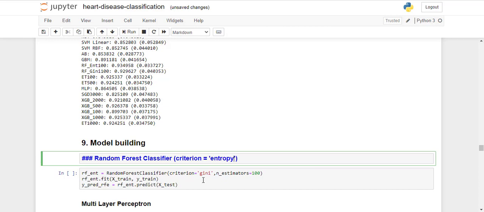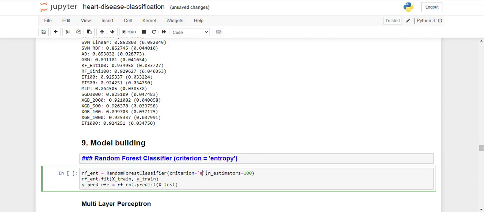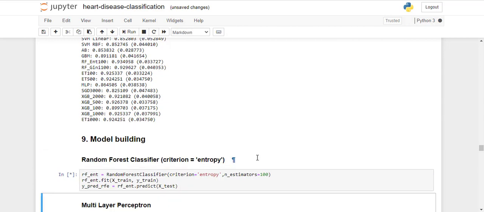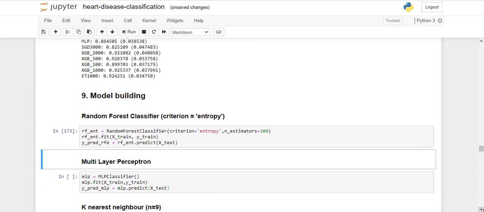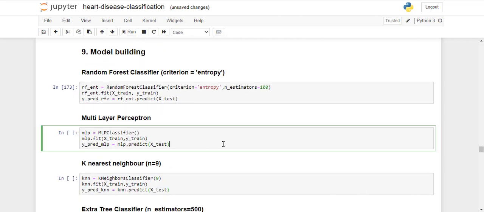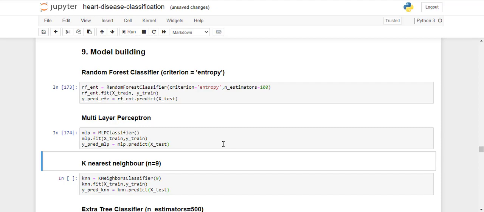Yeah, we will be using copy. Okay, so let's see. So we will select our best model. What we are doing is building all these models which we have used.